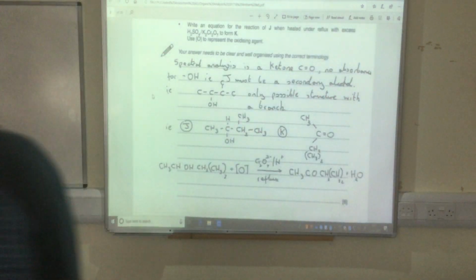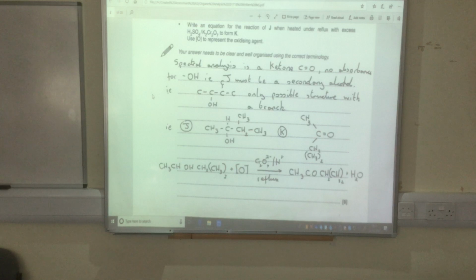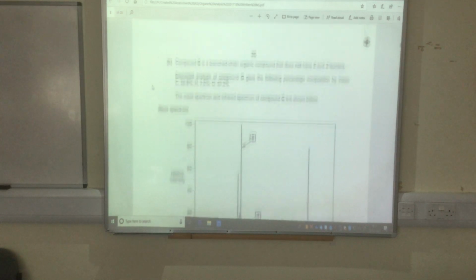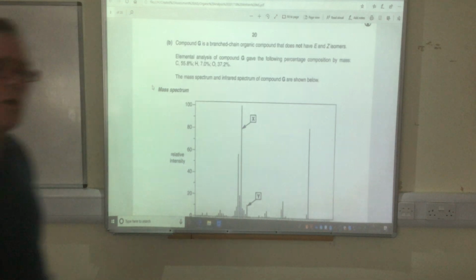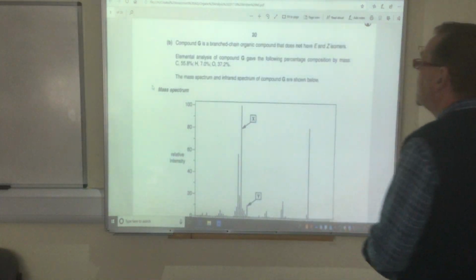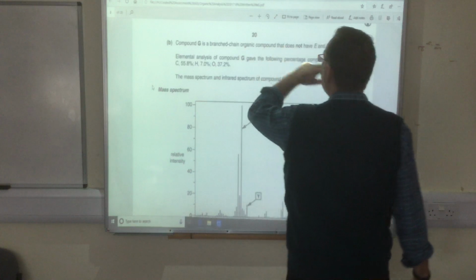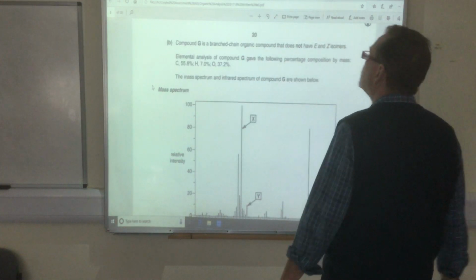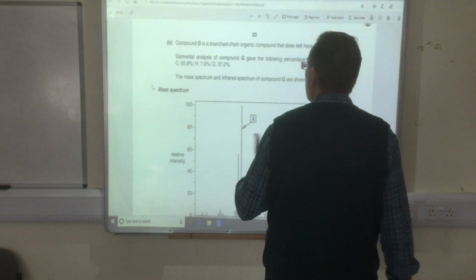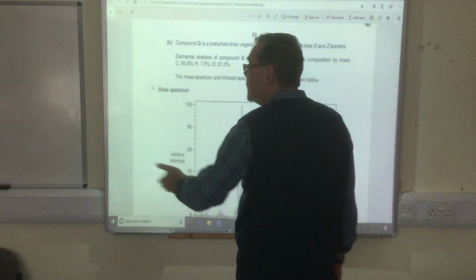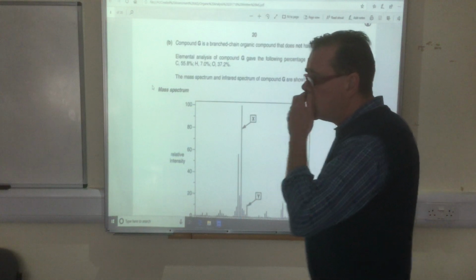Right, next. I think we've met this one before, but I don't see any issues with going over it again. Compound G, branched chain organic compound, does not have EZ isomers, not in bold. Does that mean to say it doesn't have a carbon-carbon double bond? No, it just says there's no EZ isomers.